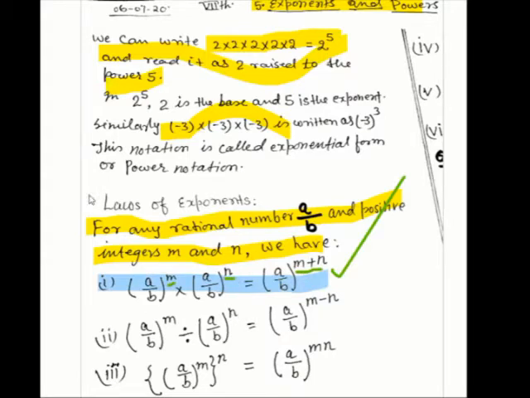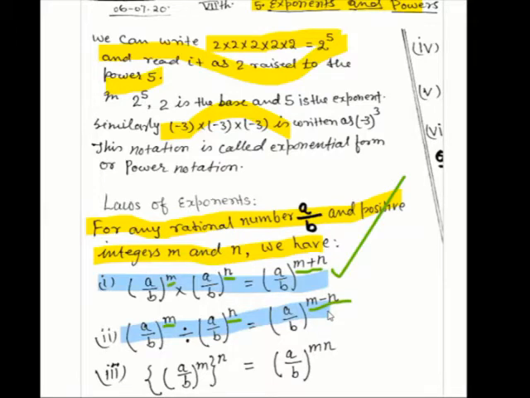The second law is for division: a upon b to the power m divided by a upon b to the power n is equal to a upon b to the whole power m minus n. डिवीजन में सेम बेस होने पर डिवीजन में पावर सब्ट्रैक्ट होता है.